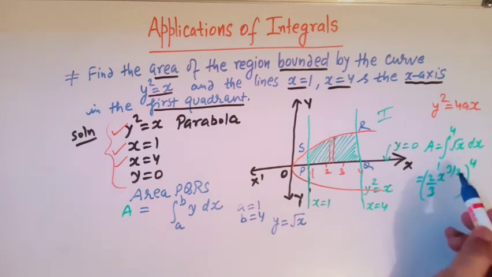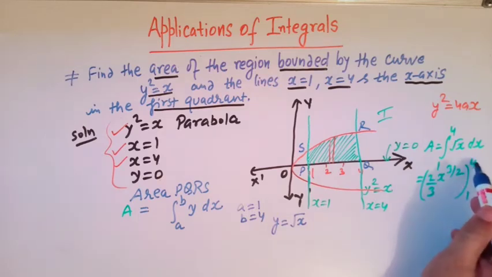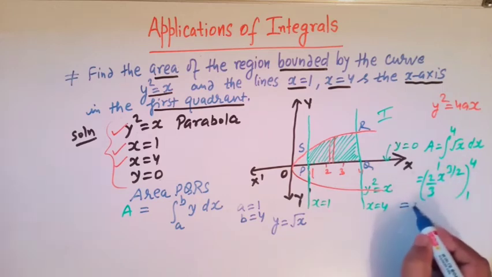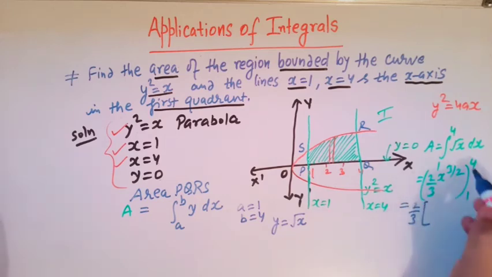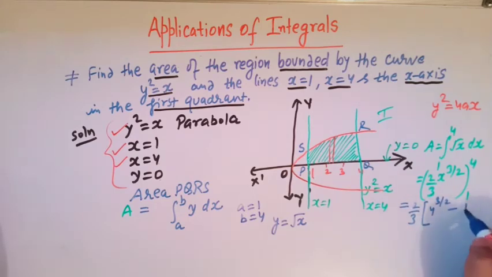This is the indefinite integral of square root of x. Now we will simply use the concept of evaluating the definite integral. So we have 2 by 3, and now we will substitute here 4. This is 4 raised to 3 by 2, and then minus 1 raised to 3 by 2.